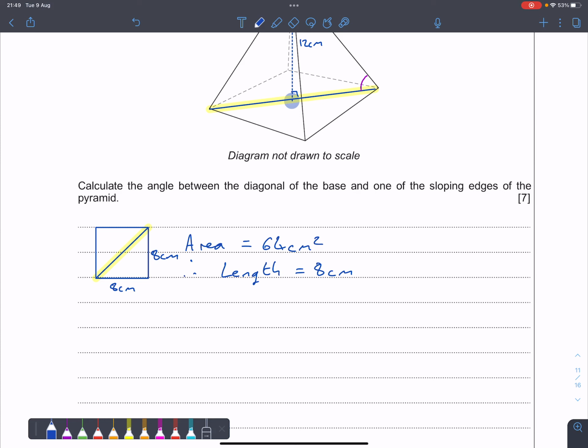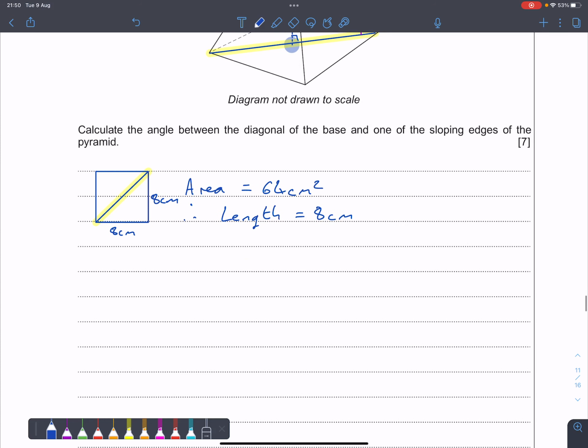We can find it by using Pythagoras. So using Pythagoras, which says a squared plus b squared equals the hypotenuse squared, then a is 8 and b is 8, and the hypotenuse is this value that we don't know, so I'm going to keep it as h, all squared.